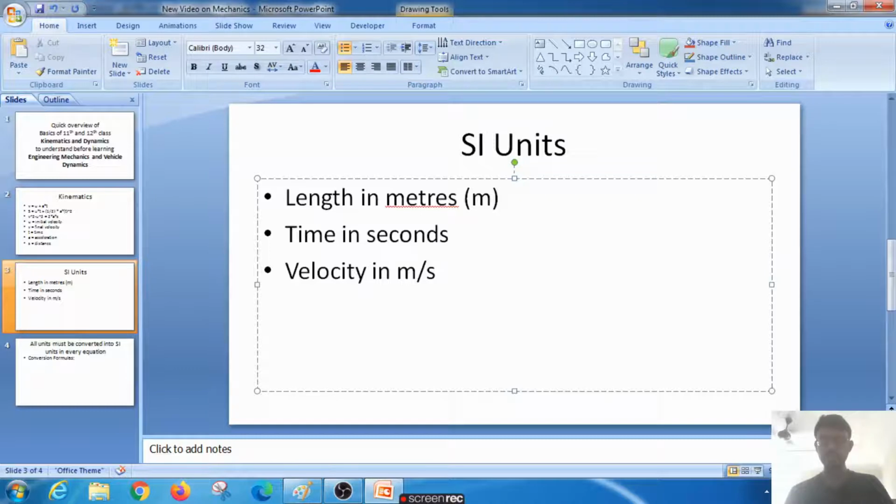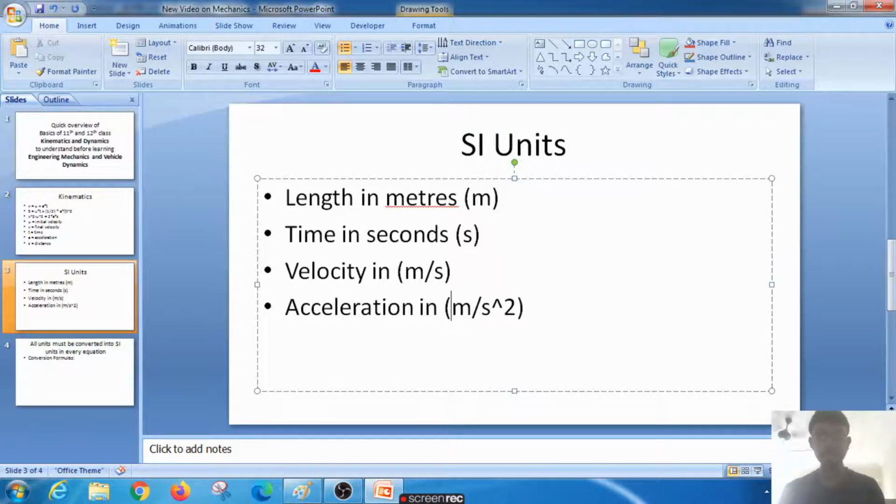For example, length, the standard SI unit is meters, for time it is seconds, for velocity it is meters per second, and for acceleration it is meter per second square, right? That is nothing but meter per second divided by another second, which becomes meter per second square, right?